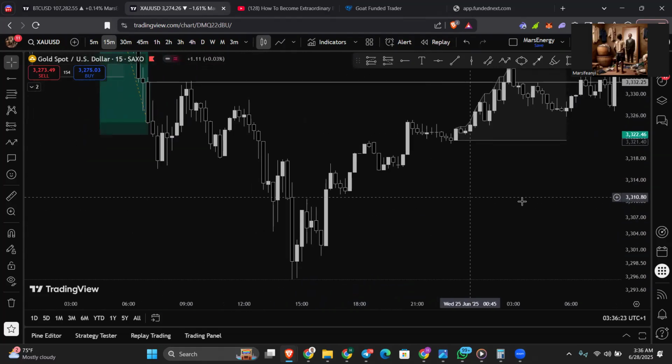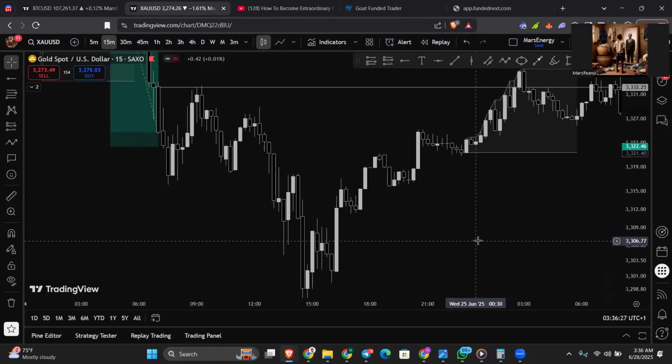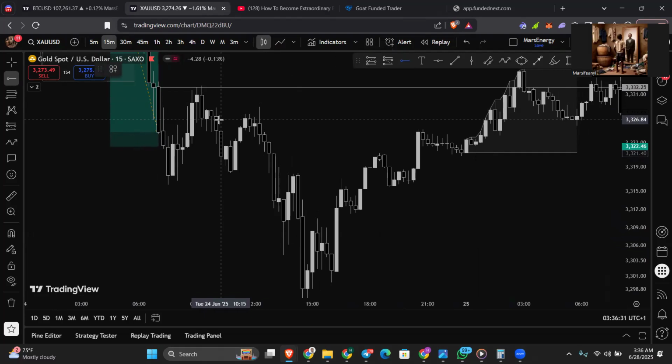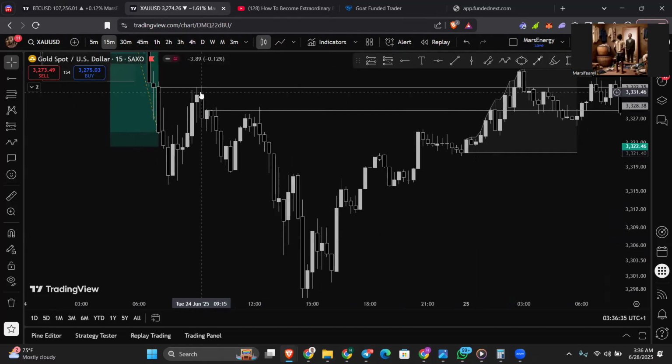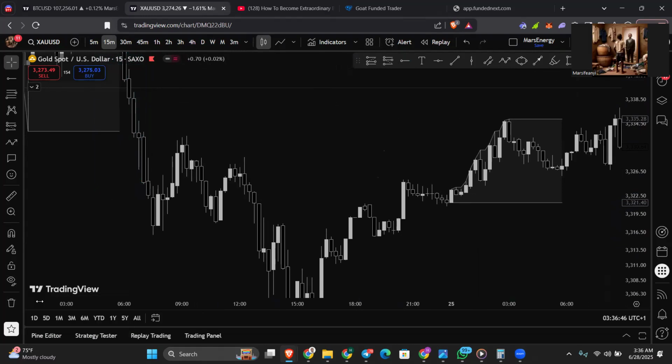I think I had only one entry on Tuesday. But if you're active on the charts, you could have had multiple entries, right? This should have given you another entry, and this should have given you another entry because this is the liquidity and the rest. So that is that about my trade entry on Tuesday.